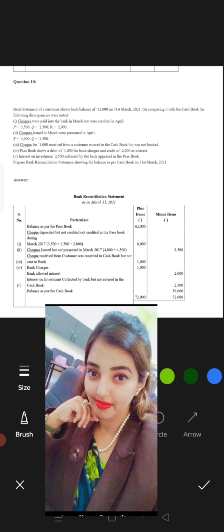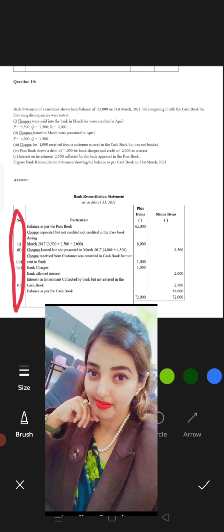Next, after taking all the transactions, you have to find out which side is more. Plus item is more or minus item. So as you recorded the serial numbers here, after recording all the transactions you have to find out which side is more. So here it is 72,000 and here it is less. 59,000 balance is there in the minus items.